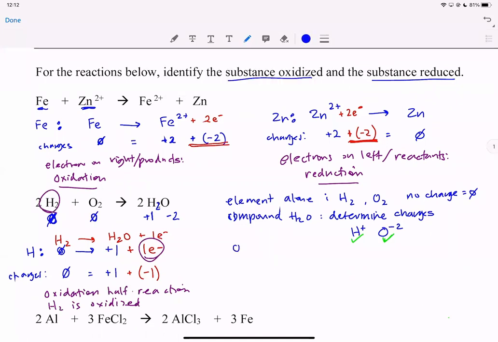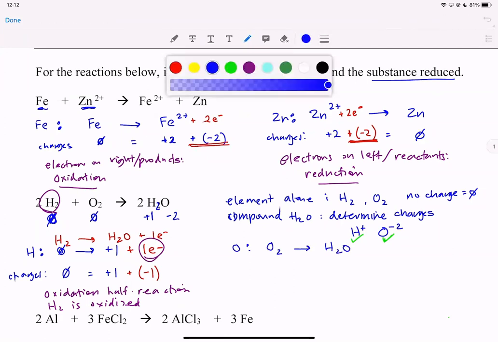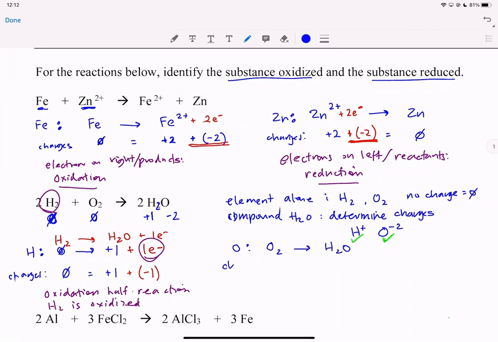Let's follow the fate of the oxygen. Oxygen is O2, and it becomes oxygen in H2O. Looking at the charges, you have a 0 on the O2 and a -2 on this side.